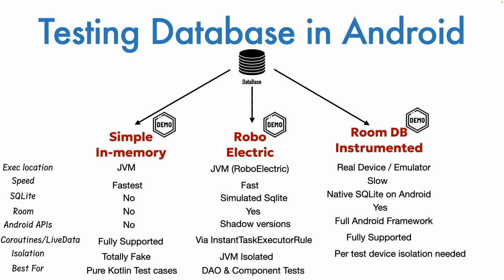But if you really want to get a feel of all RoomDB features like SQL validation, schema migration, all those things, then RoomDB instrumented test case is a better approach. With this, we are done with the discussion of testing the database in Android.